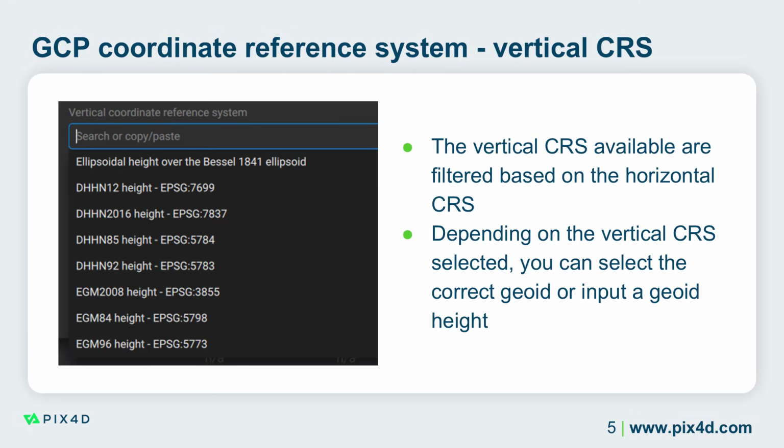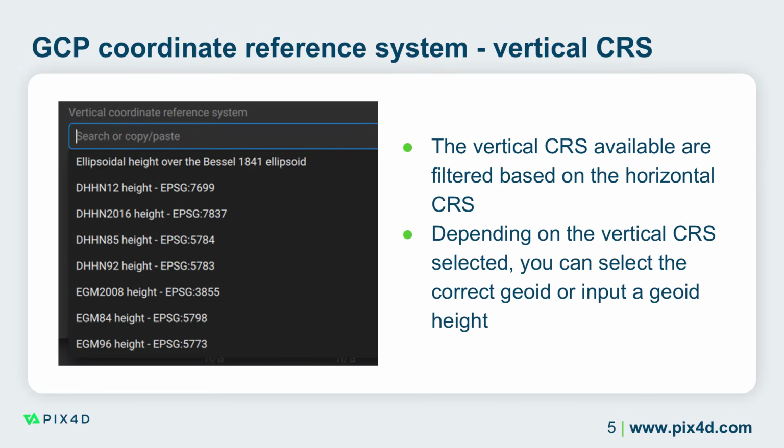A vertical coordinate reference system provides a framework to measure elevations or heights along the z-axis. Heights can be defined either by an ellipsoidal height or an orthometric height. Ellipsoidal heights are measured from the surface of a mathematically defined ellipsoid that approximates the overall shape of the Earth.